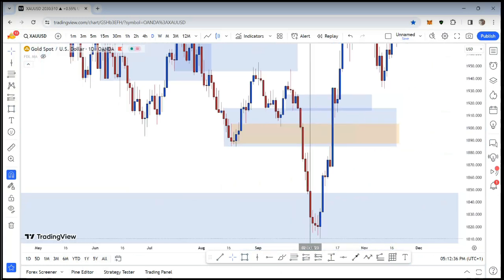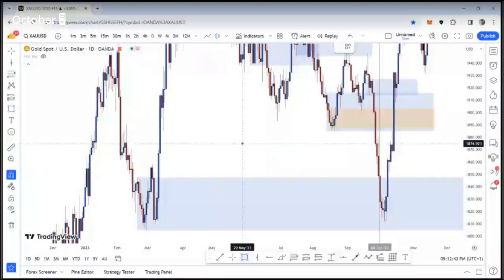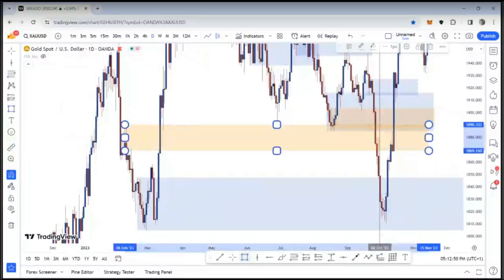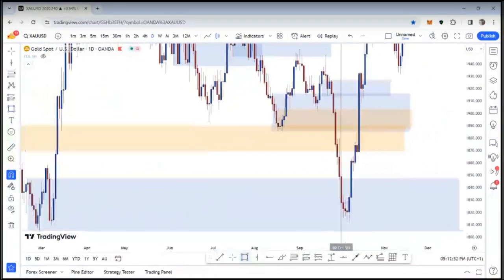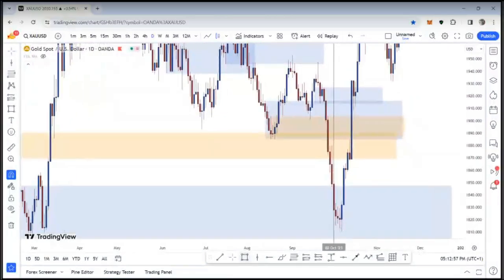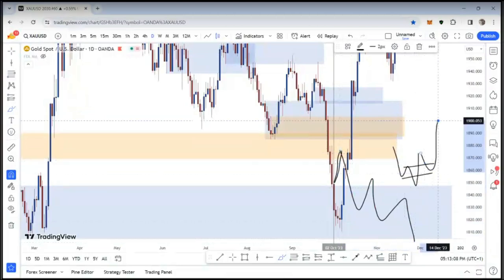And also we want price to actually come to this daily level right here in terms of structures and all of that. So now daily is still bearish. For us to be able to catch an entry and then continue selling the daily time frame, we want 4 hours to change its storyline. Am I clear?